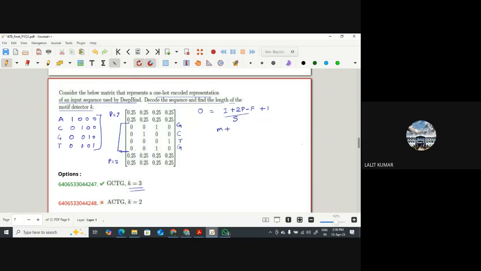That is, sequence length plus twice the motif length minus 1. So sequence length is N, in this case 4. This is the formula. N and M were reversed.